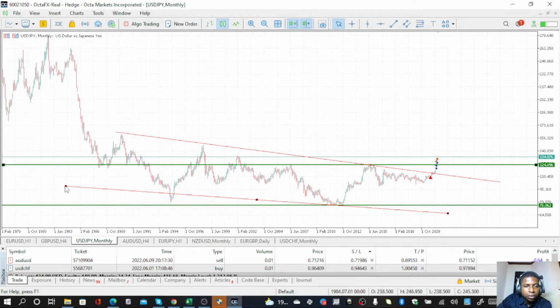We saw what played out here, right? Now look at what played out here. The price has been navigating up and down and creating some kind of triangular shape.